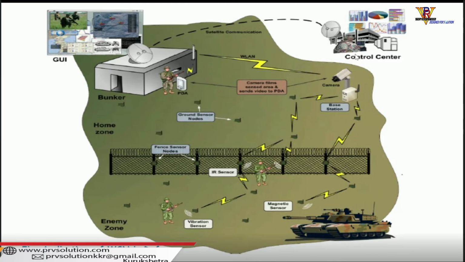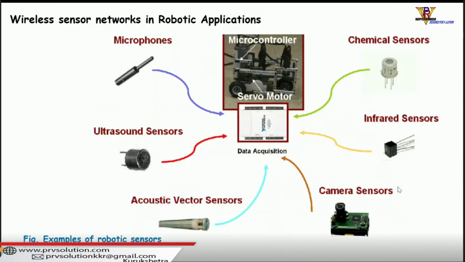Then with the help of that system, we can provide an alert to a control station to observe whatever is happening there, to control, to retaliate, whatever is required. So with this diagram, we can explain how wireless sensor network can be effectively used in the defense for different applications. This is the most important application of wireless sensor networks in defense surveillance.